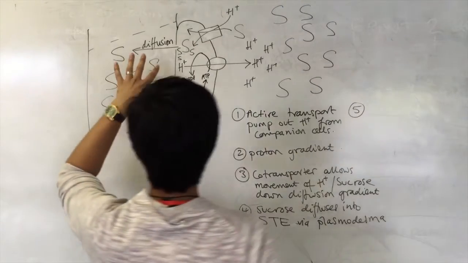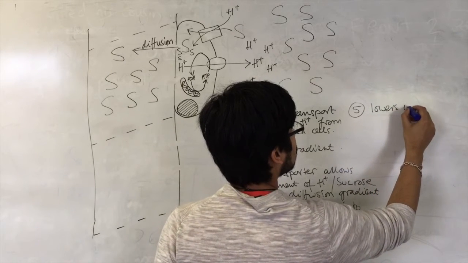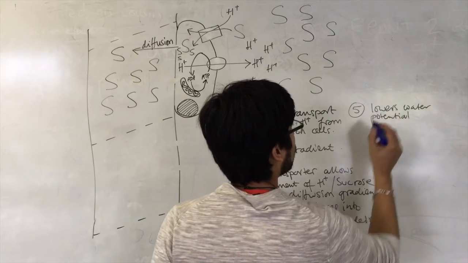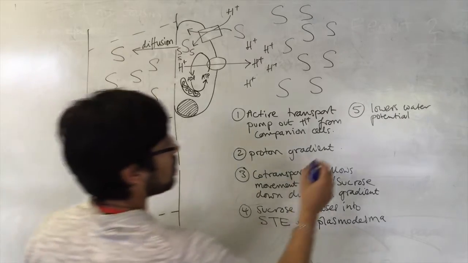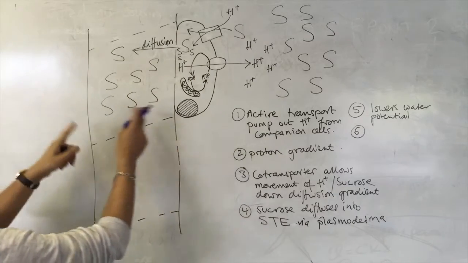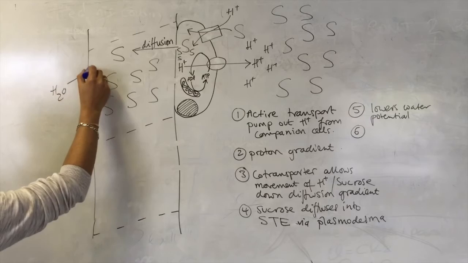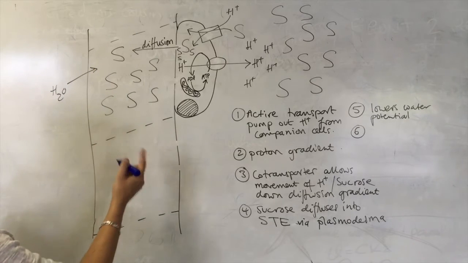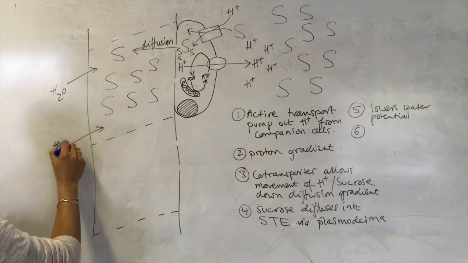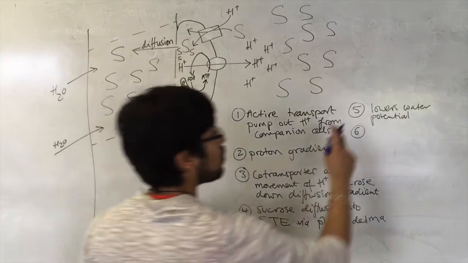Okay, so the sucrose moving into the Phloem tube lowers the water potential in here, and so 6, water moves from the surrounding tissues into the Phloem tube. Okay, so water moves by osmosis from the surrounding tissues into the Phloem tube. Okay, lowers water potential.